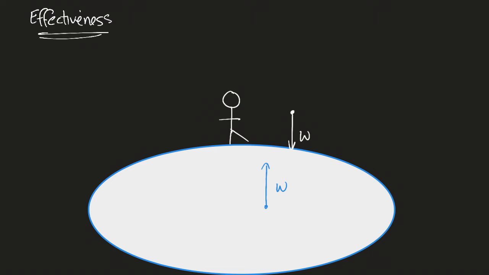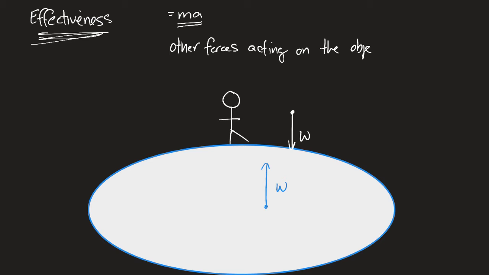So although these two forces exist, the effectiveness of a force is still dependent upon the size of the object and other forces acting on the object. These two things determine the effectiveness of a force: the size of the object and all of the other forces that act on the object.